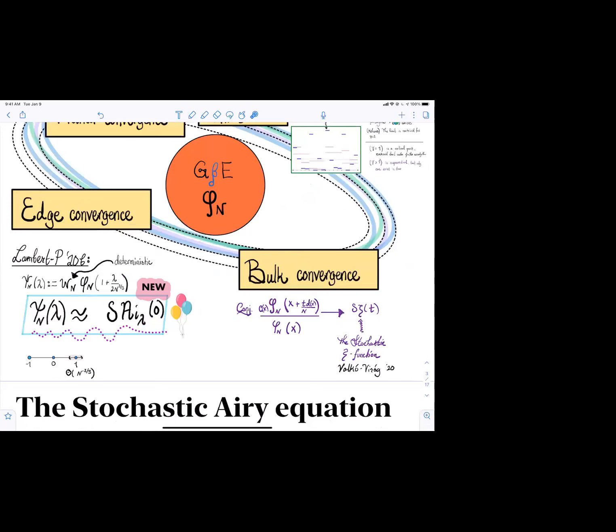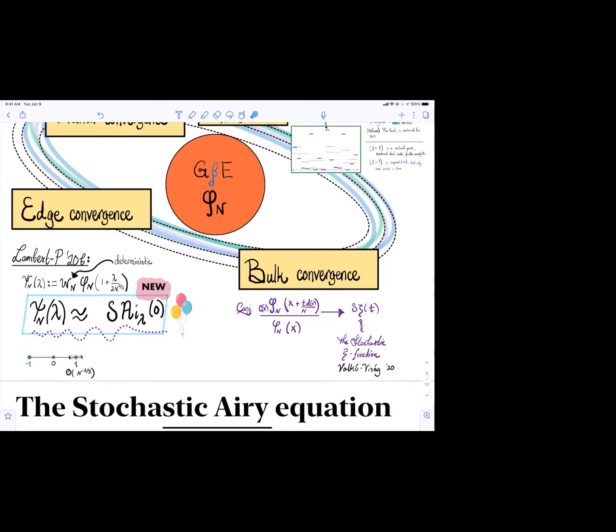So there is a conjecture for what happens to the characteristic polynomial in the bulk. There's a newly created object by Valko and Virag called the stochastic zeta function. And it's been shown that it is the limit of the circular random matrices, and there's good reason to expect, therefore, that it's the limit of the Gaussian characteristic polynomials. Where do you evaluate the polynomial in the different conjectured results?